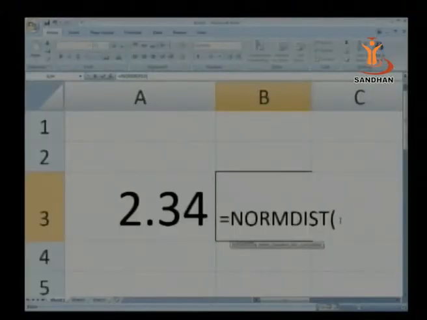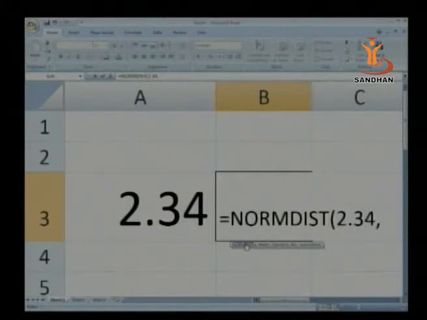After typing this NORM DIST, you will see a definition of that function. There is NORM DIST. Here you can see it requires the value of x, which is nothing but 2.34, right?